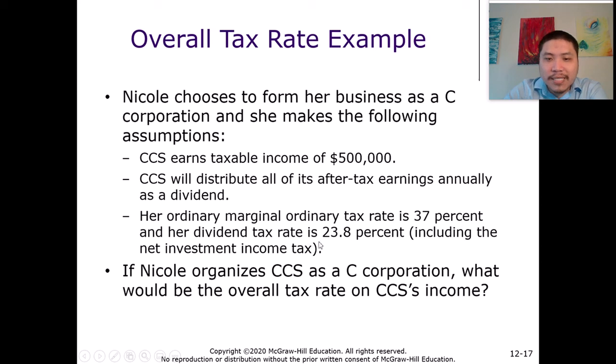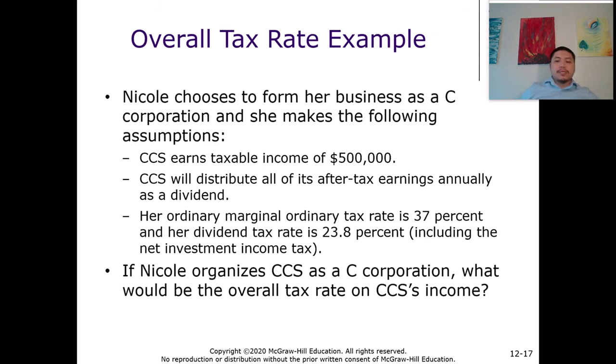Her dividend tax rate is 23.8%, and this includes the net investment income tax, because her income is pretty high, so she pays 20% on qualified dividends plus 3.8% net investment income tax. The question asks: if Nicole organized CCS as a C corporation, what would be the overall tax rate on CCS income?